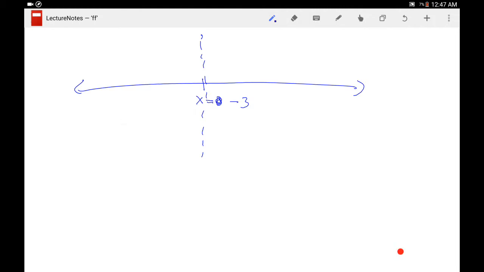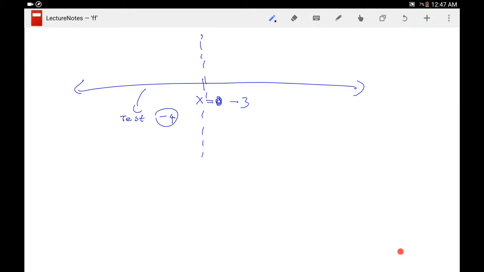I can pick any value from here and check the graph. When I check the graph, it is the y coordinate for that value. I will pick the test value to be something less than -3. I can pick -4 or -5.